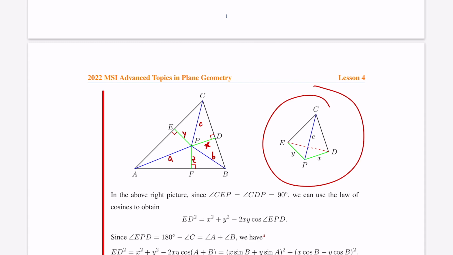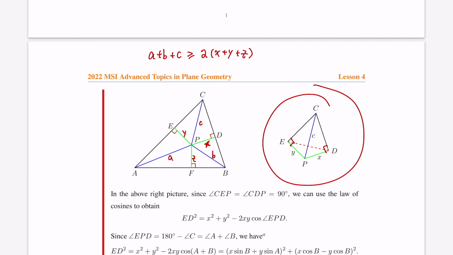This is a little trick. As I said, if you grab this small piece of the picture to the right-hand side, this picture is very useful and interesting, because the Erdos-Mordell inequality is a plus b plus c is bigger than 2 times (x plus y plus z). In this small picture, there are at least three relevant values, x, y, and c. Moreover, we have two right angles.